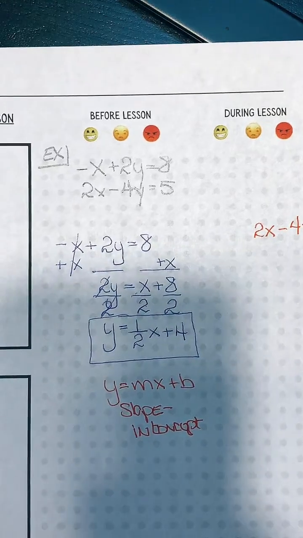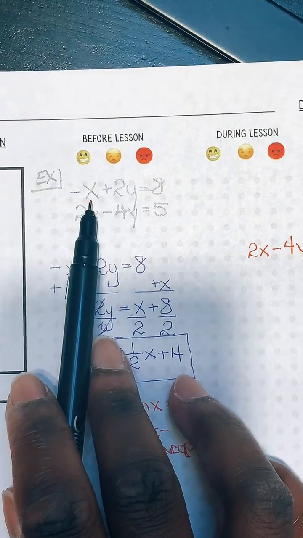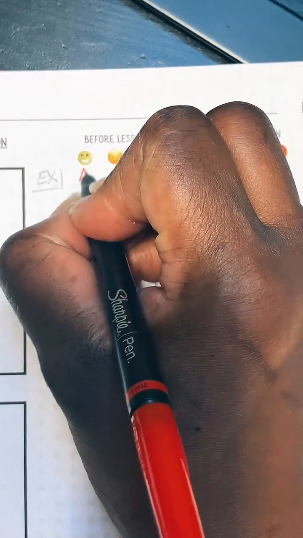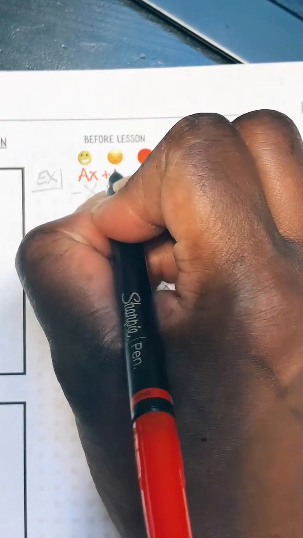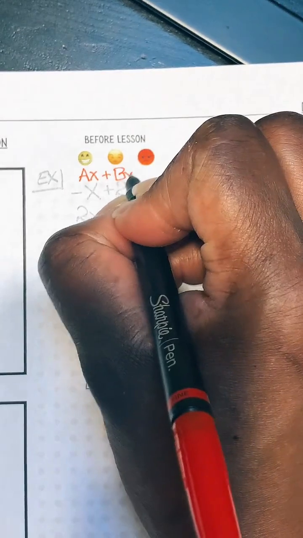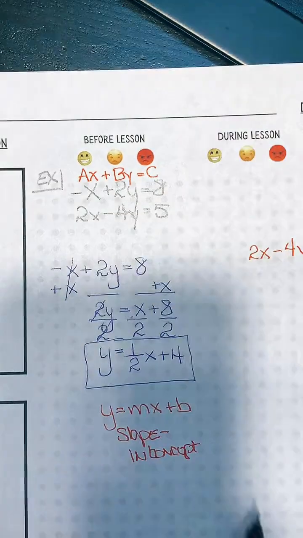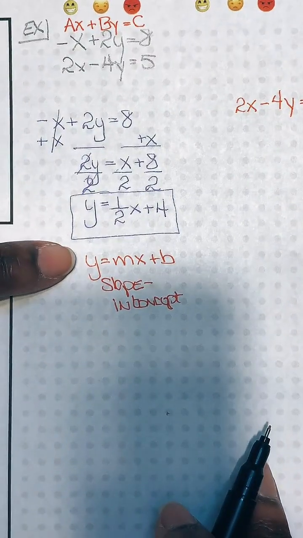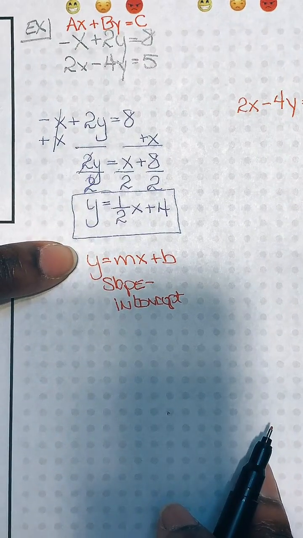Standard form is what the original one is, ax plus by equals c. This is standard form. This is slope-intercept form.